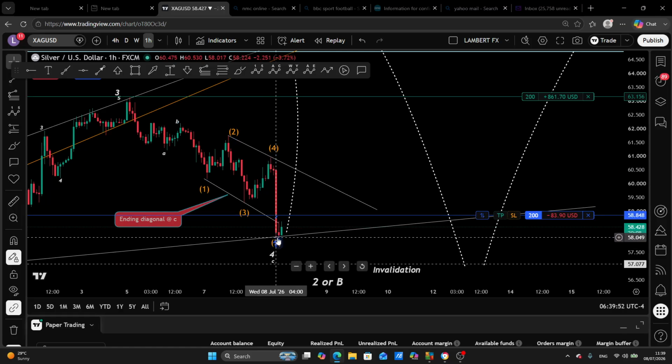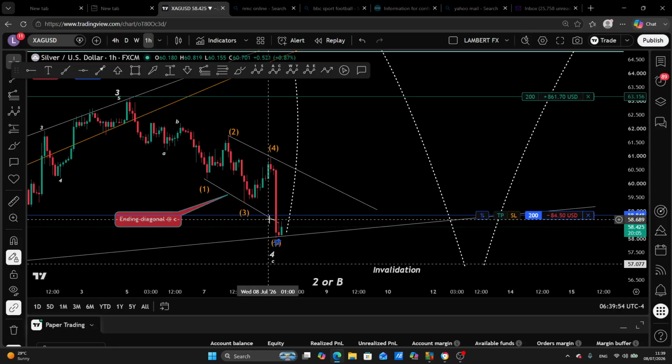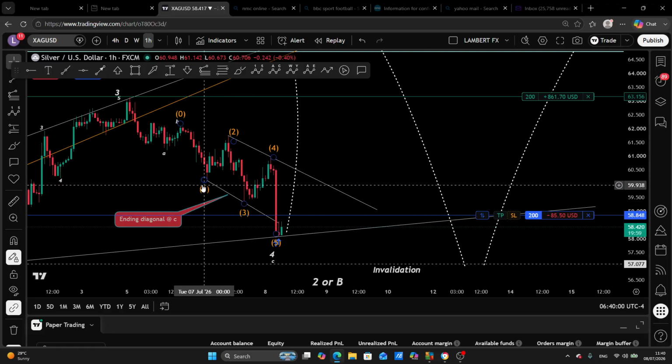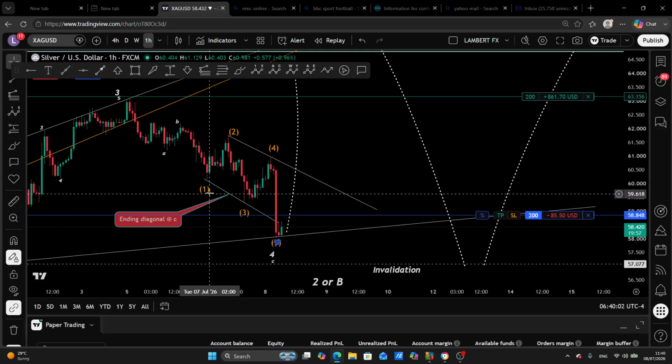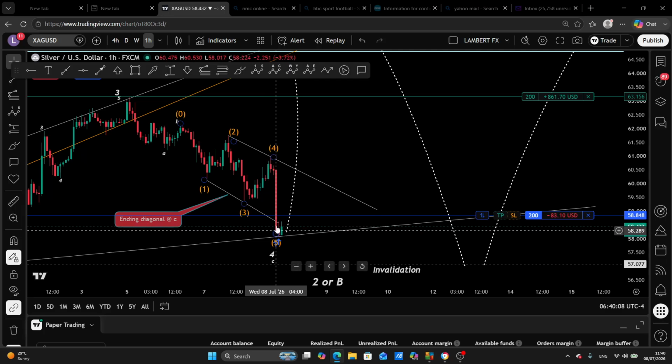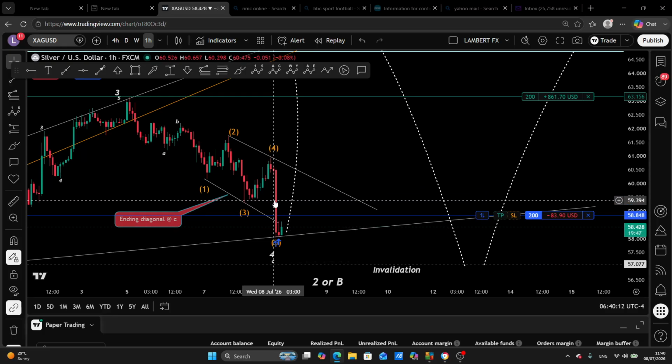So we've now ended for 5. Most times the 5 breaks out of the connector, this trend line between 1 and 3. And the reason is this will induce sellers to come in as a breakout. Can you see this big red candle?